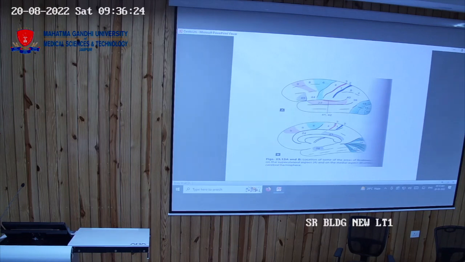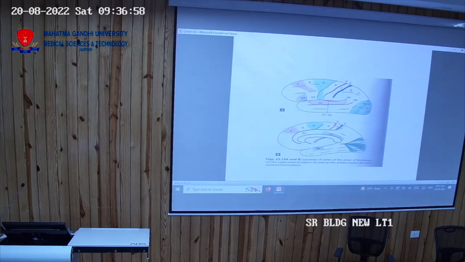Then areas number 41 and 42: this is the posterior ramus of the lateral sulcus, and just below a part of it are areas number 41 and 42. This is called the primary auditory area, by which the person can hear sounds.